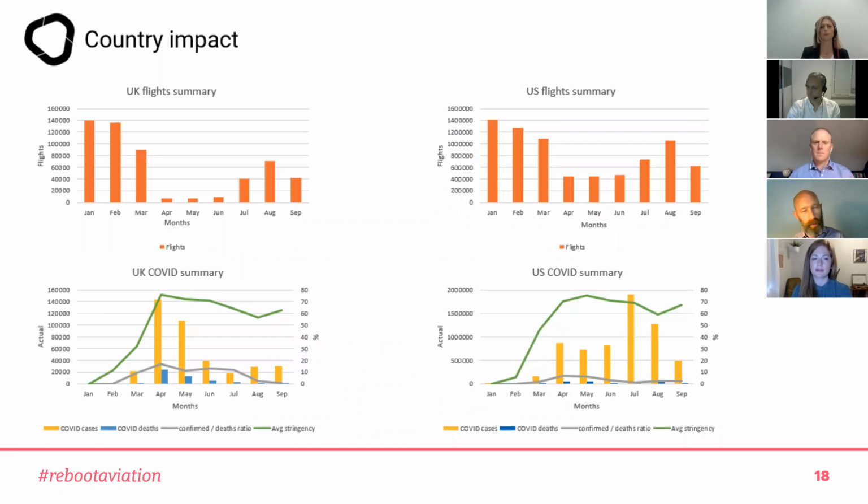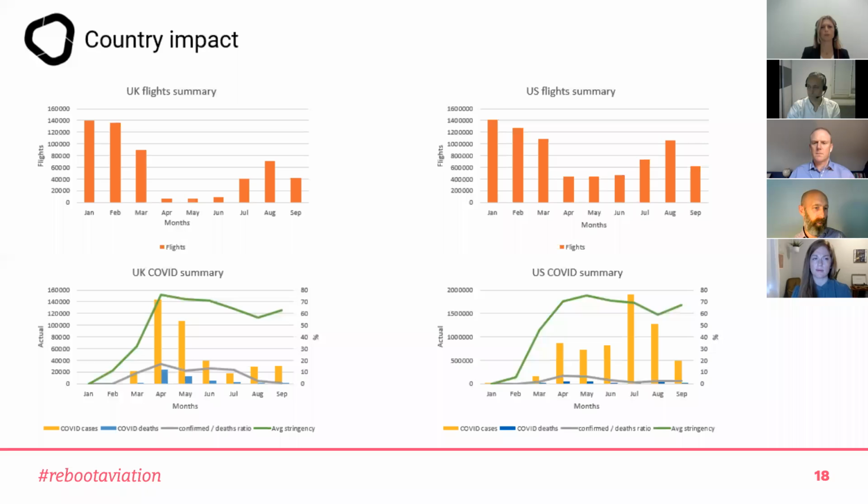And I've got a couple of slides here just showing country. In both cases, we've got two continents here, Europe and US, and you can see the patterns are largely similar. There's more domestic flights that have held up in the US.